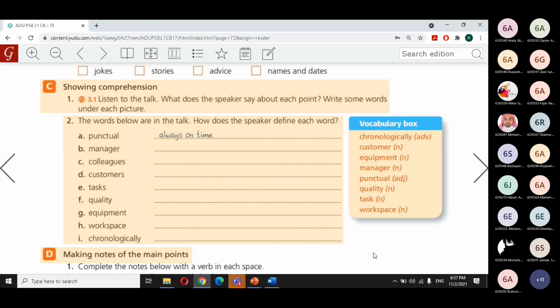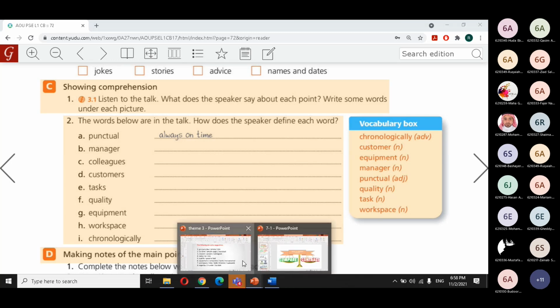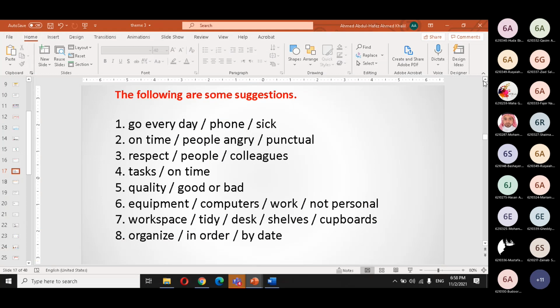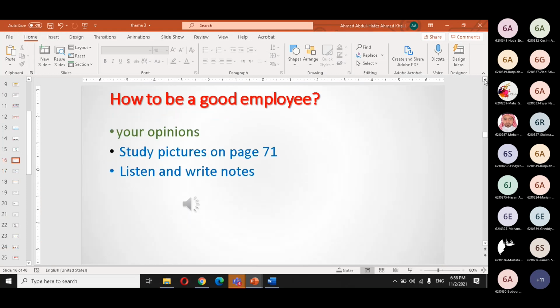So I want not the meaning you know. I want the meaning given by the speaker on the audio. So listen again and give the meaning of these definitions.